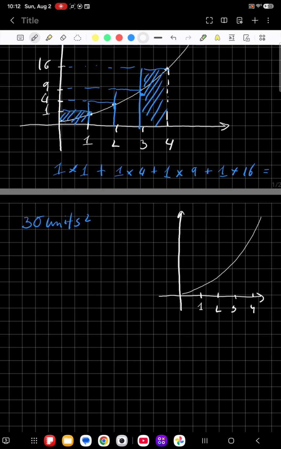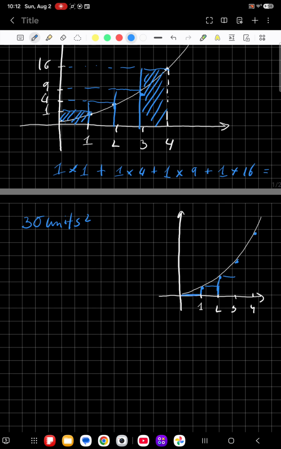So now when I'm drawing those rectangles, I have the same points. So for 1 I get 1. For 2 we get 4. 3, 9, and for 4 we get 16. But this time I'm inscribing, so those rectangles will be under the curve, something like this. The first one is just going to be 0.